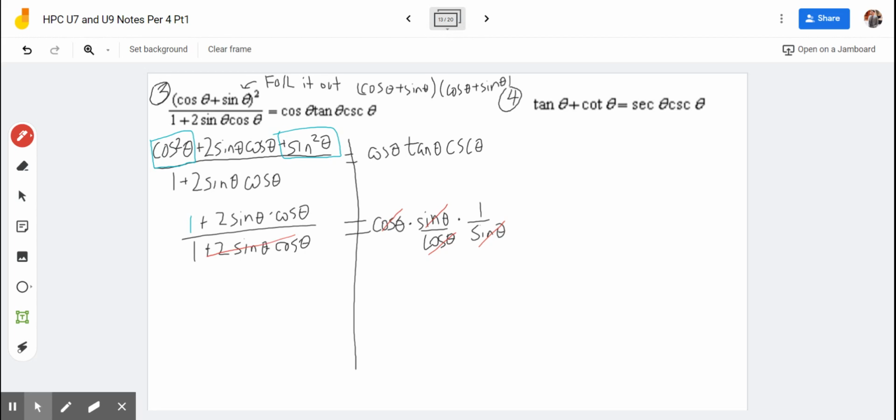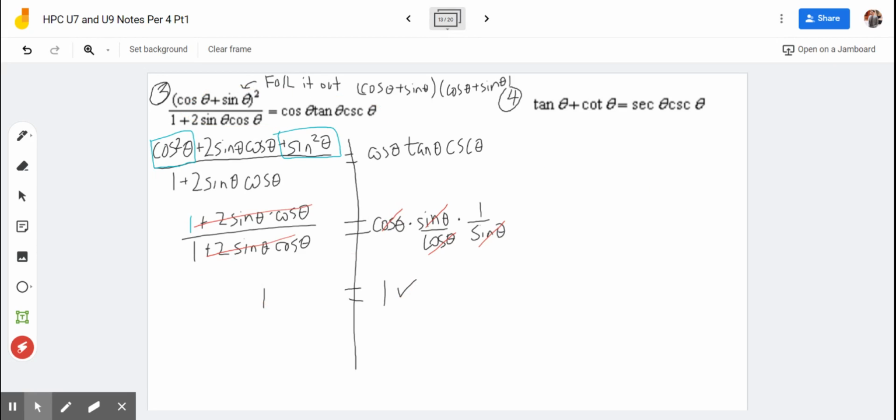And then on the left side, all that also goes away. So you're just left with 1 equals 1. So all that work to just basically end up at 1 equals 1. And sometimes that's the frustrating thing with identities, that you have this big jumbled looking mess to start with, but then at the end it can just work itself out.